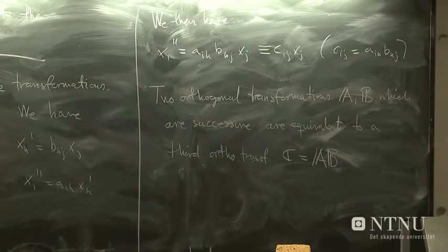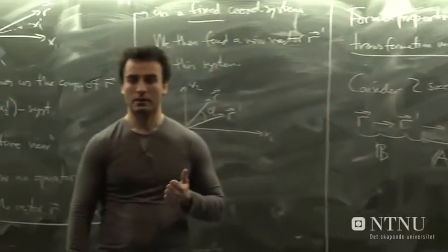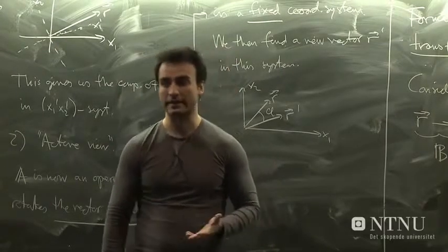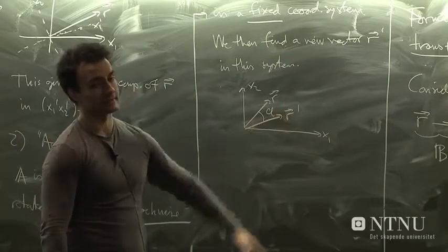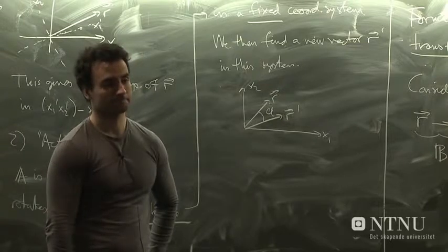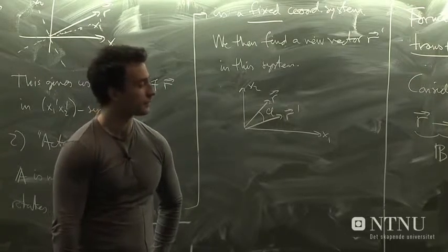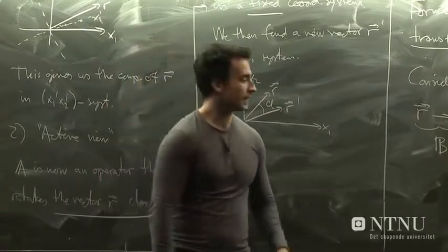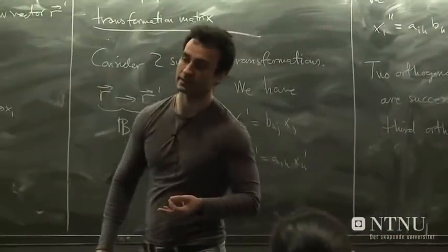Now, I've written that C is also an orthogonal transformation. What would you say is the condition for C to be an orthogonal transformation, expressed through its elements Cij? So I'm saying that C is a matrix which corresponds to an orthogonal transformation.